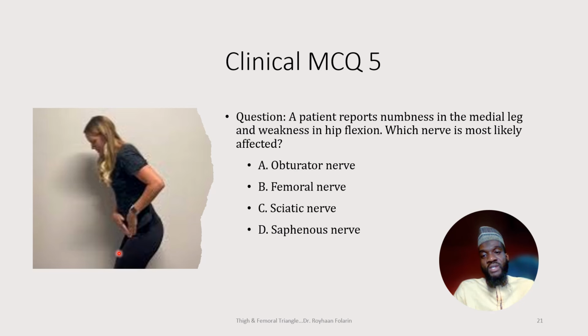So which nerve is most likely affected? Is it the obturator nerve, or the femoral nerve, or the sciatic nerve, or the saphenous nerve? Drop your comments, and let us know what you think the right answer is.